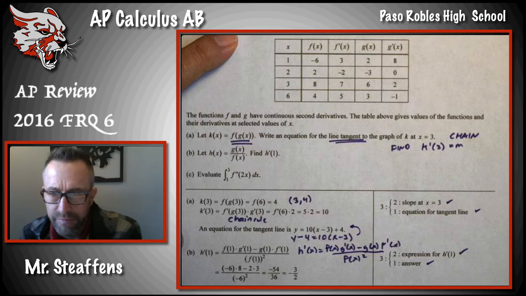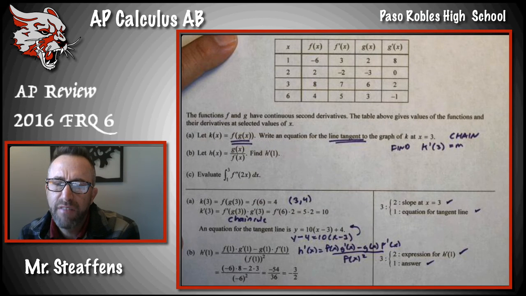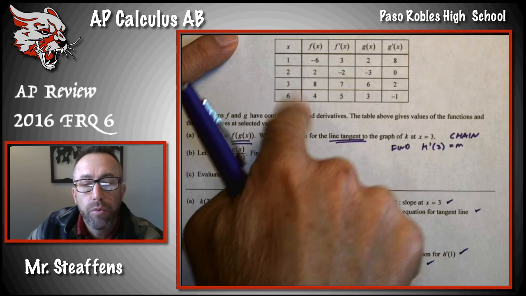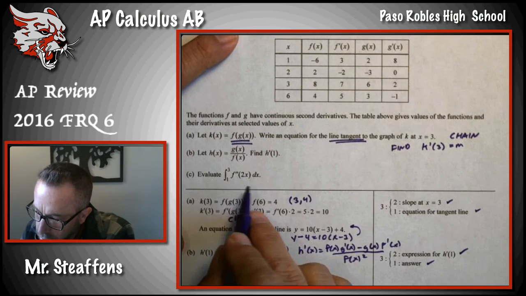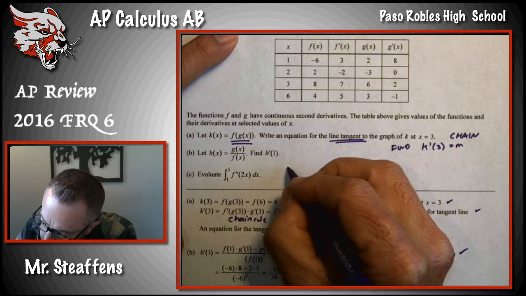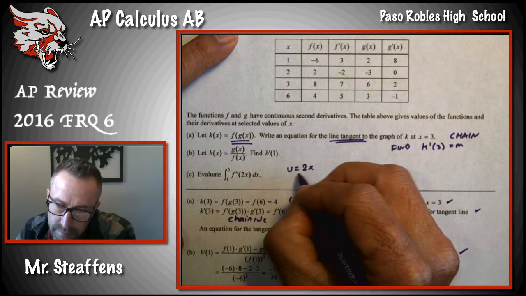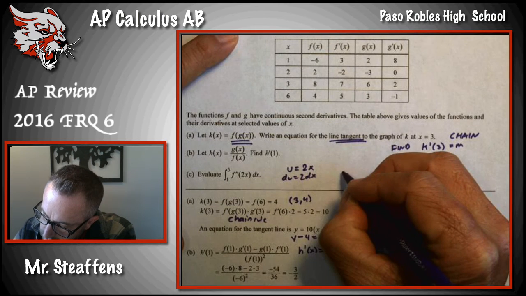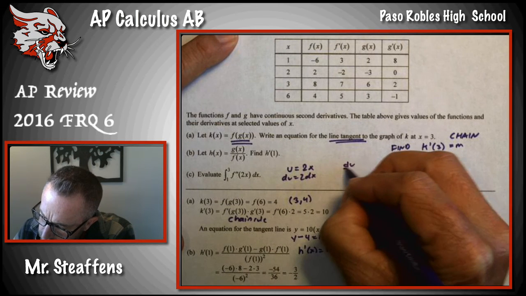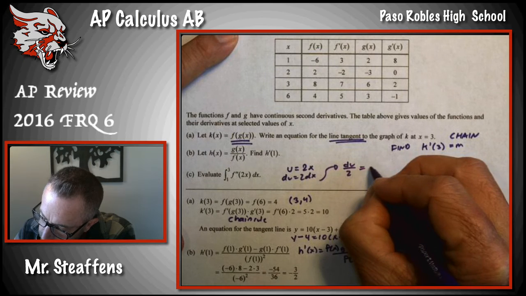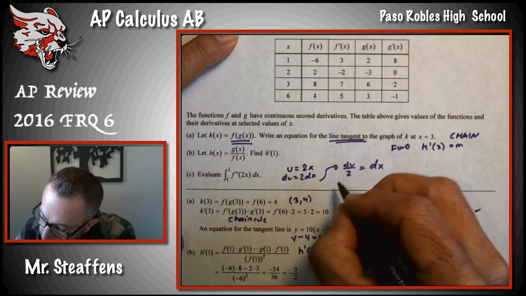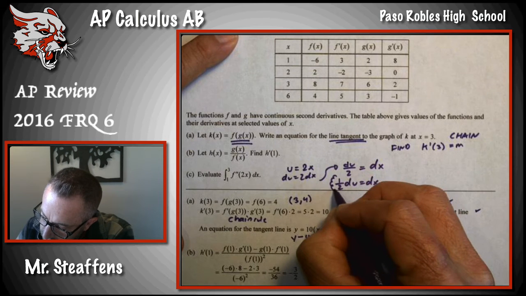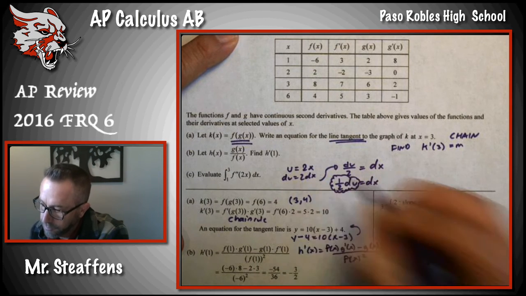So they're using f double prime, and then they have you find the integral of that to get you back to f prime so you can use this table. The only key thing is this u. Remember, if u equals 2x, then du is going to be 2dx, so du over 2 is going to equal dx. So I have this little 1/2 that I have to deal with, and that thing's going to keep coming up in this problem.